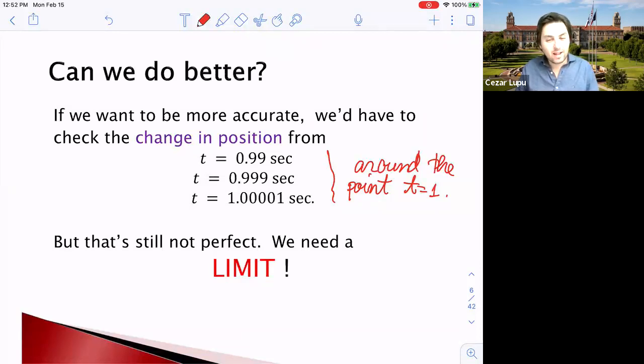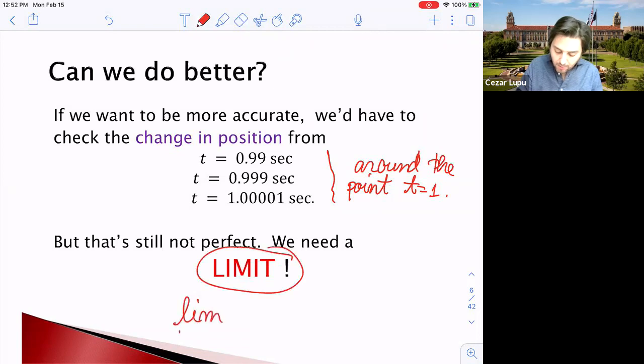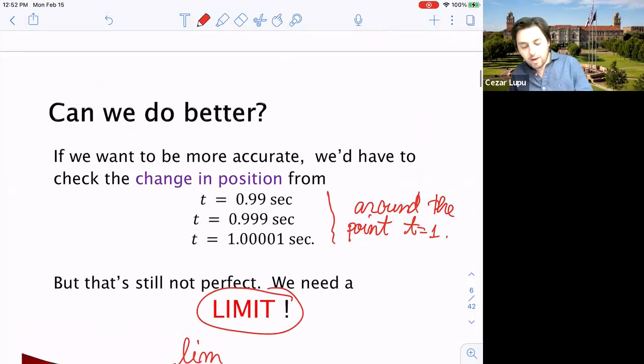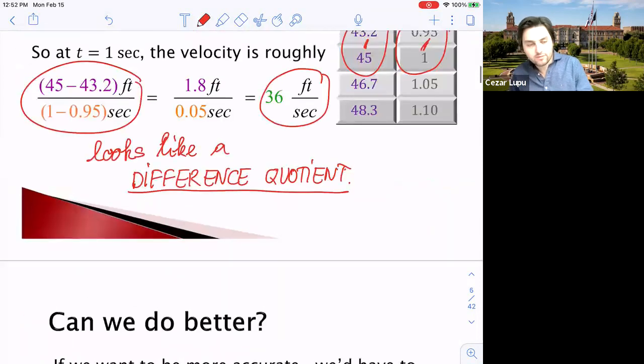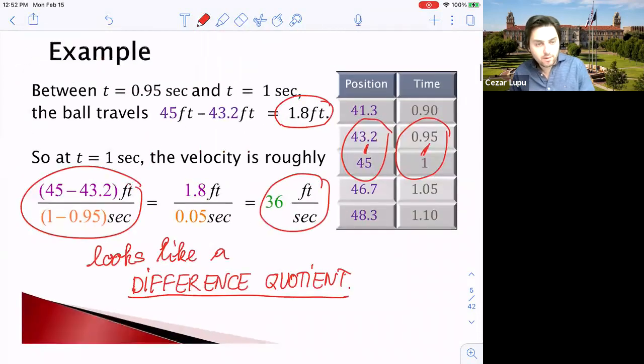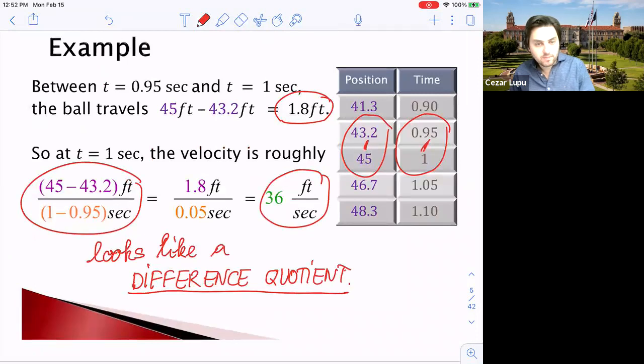But that's still not perfect. We need the limit. So we need the limit as t approaches 1. And if I would like to go back, I will go back to this difference quotient here, as you can see. And at t equals 1, the velocity is that. So basically, we need to take the limit as t approaches 1.